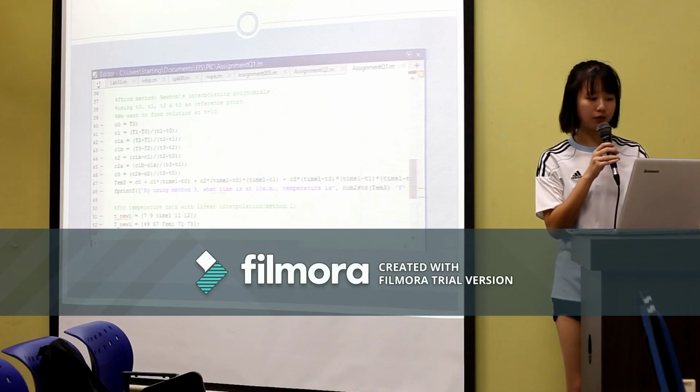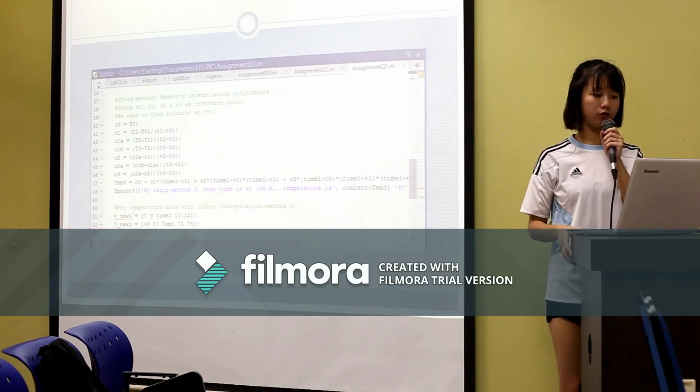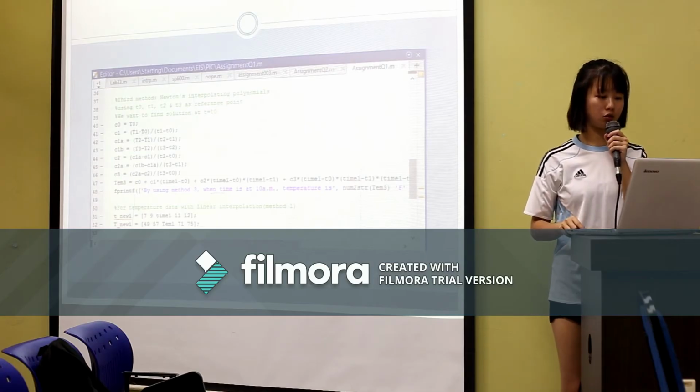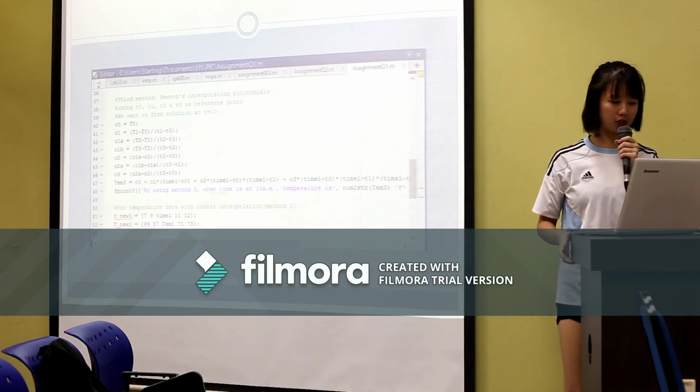And then come to the last formula that we use. We use all of the reference points, which is C2A minus C2 divided by T3 minus T0, which is 12 minus 7.